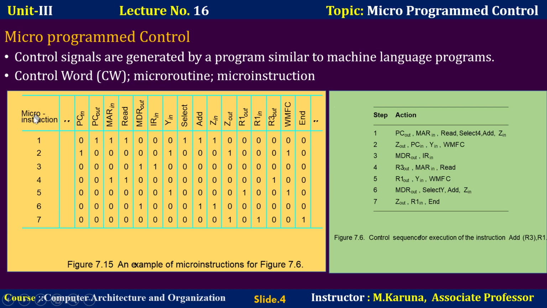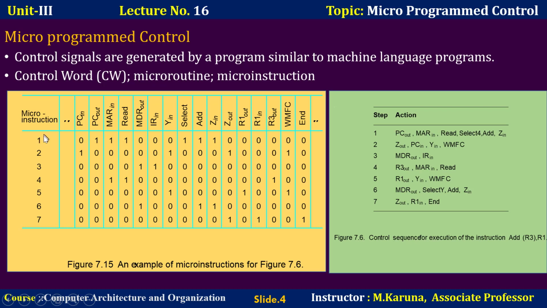Each step is treated as a micro instruction. These combinations of bits are used as the micro instruction code, that is, the control word. We can call the combination of all these bits a micro word or micro instruction.